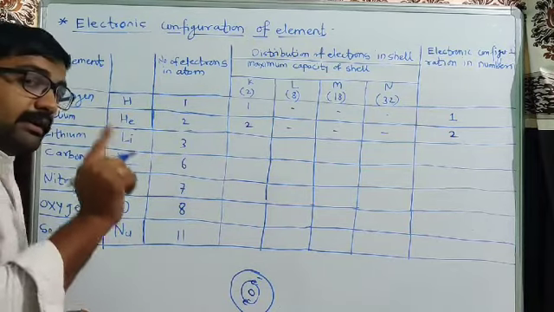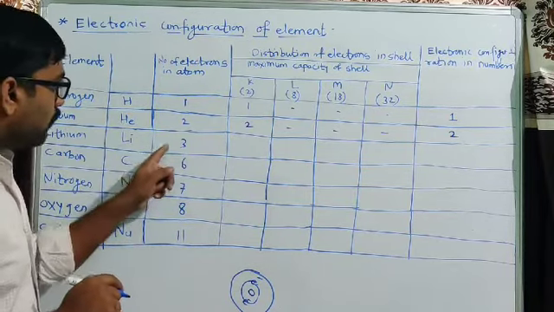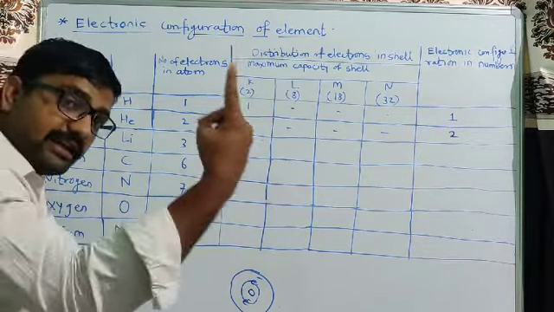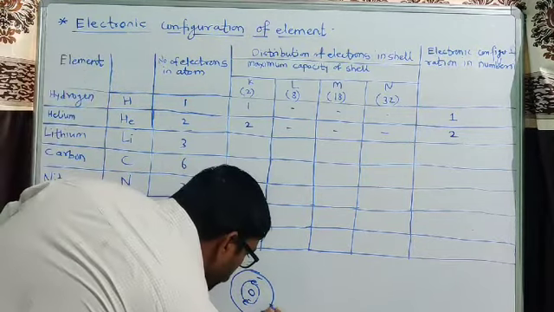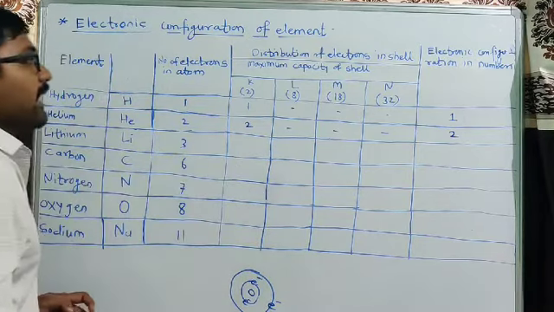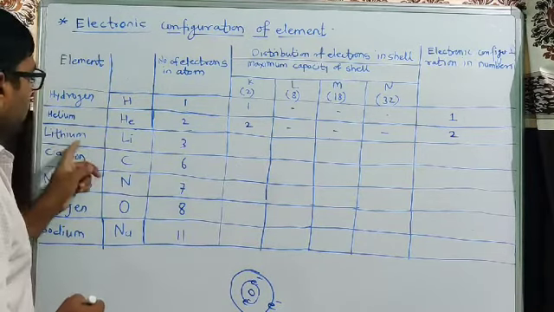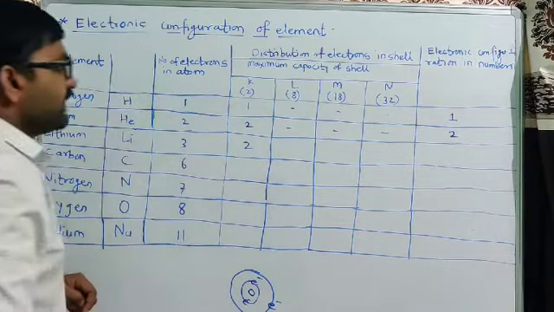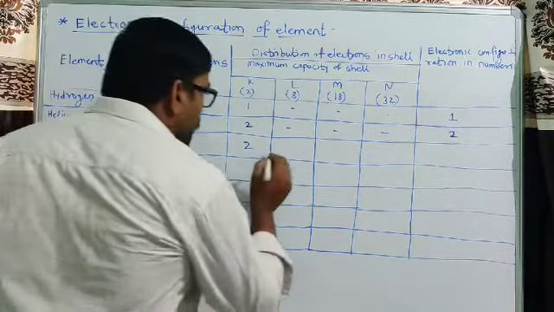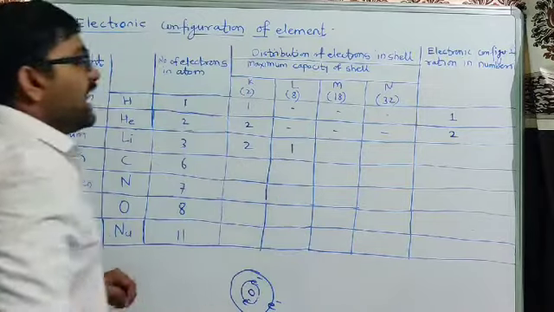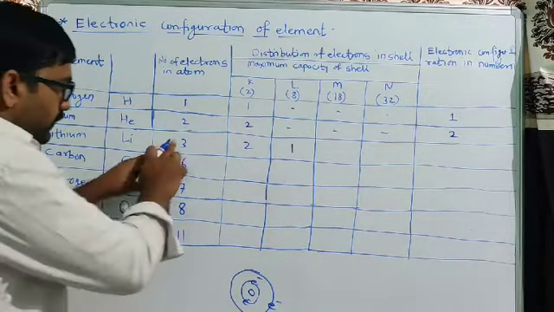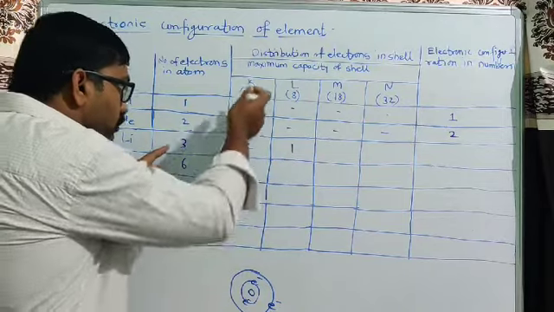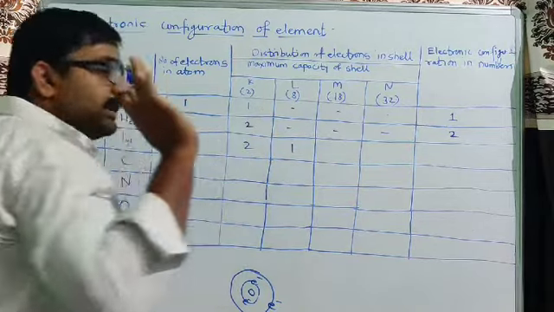Then the one remaining electron out of three will be added to the next shell, so that electron will be added in this L shell. So in lithium, the first two electrons are in the K shell, then the remaining one electron is in the L shell. Three electrons are arranged, two in the K shell and one in the L shell.